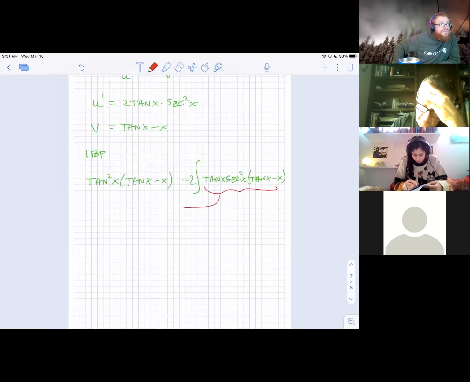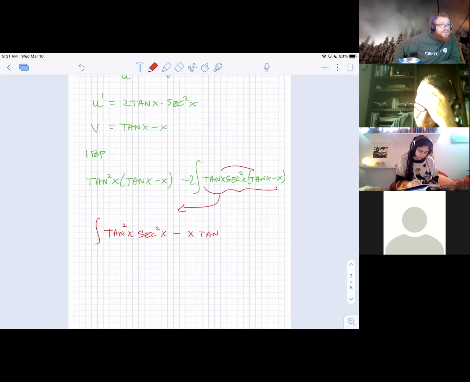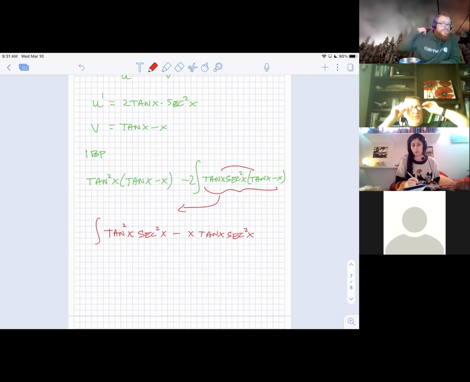Let's just look at that. So that's the integral, if I multiplied it out, of tangent squared times secant squared, and then minus x times the tangent of x secant squared of x. Man, it just seems terrible.